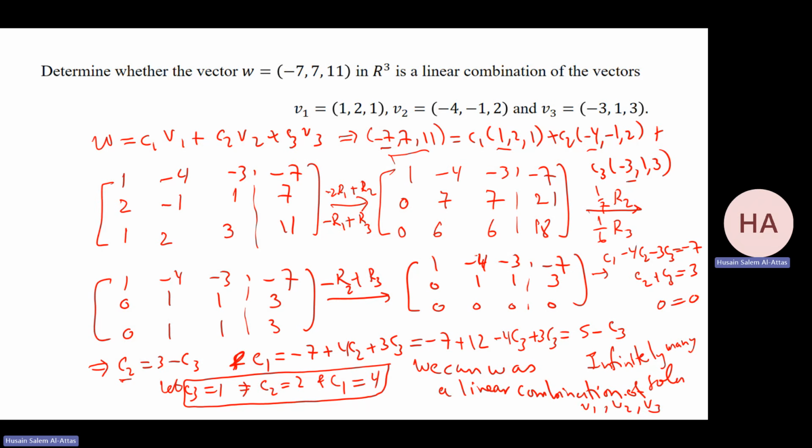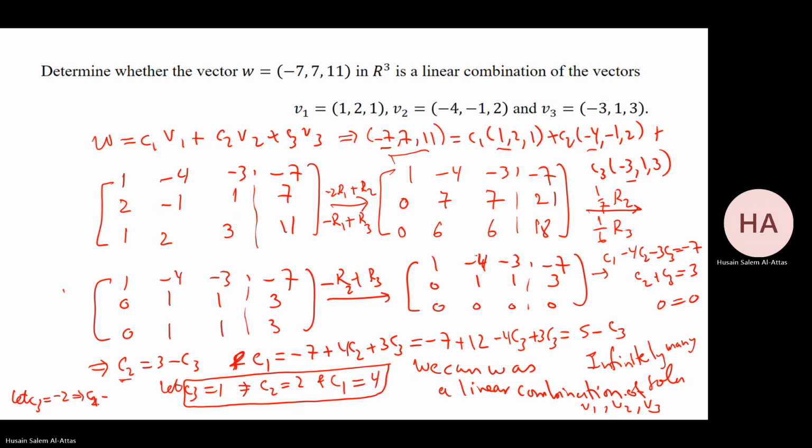Actually, you have another solution. If I let C3, for example, be minus 2. C1 will be what? You can find C1, C2, no problem.